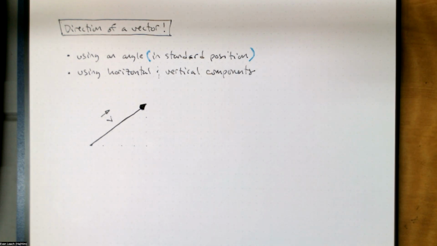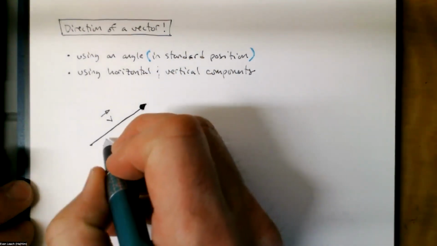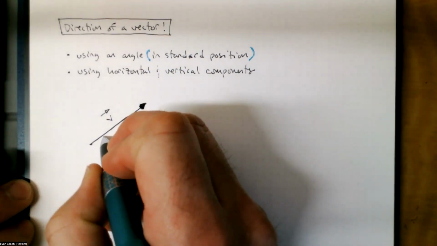So I might describe this vector v as having a magnitude of 5 at an angle of theta in standard position.